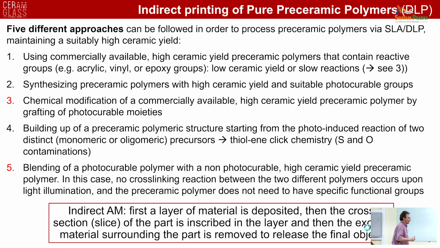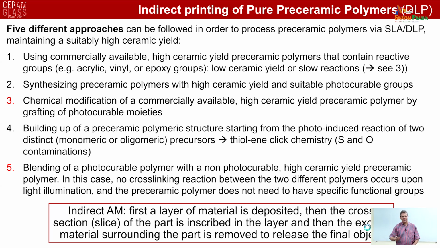So we already know that in order to have a photocurable feedstock, you need a photocurable polymer. And if you want to use preceramic polymers, there are basically only 5 ways to do that. The ideal way is to get a commercially available high ceramic yield preceramic polymer that contains reactive groups.